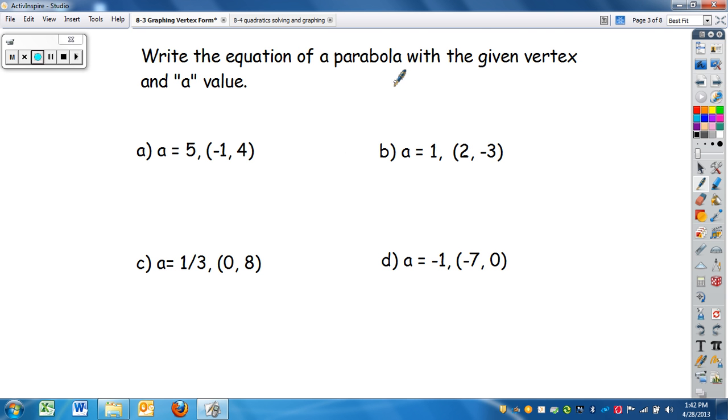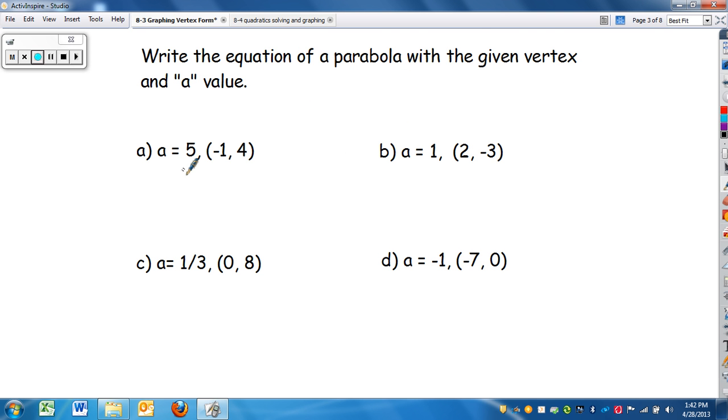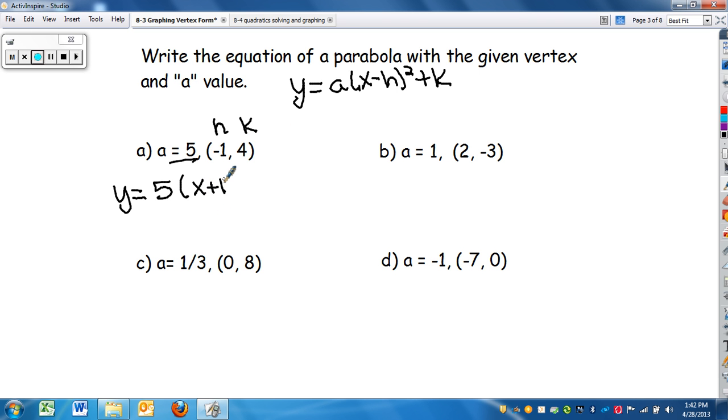Alright, so let's write the equation of the parabola with a given vertex and a value. Remember, our vertex form is y equals a times x minus h, squared, don't forget that squared, plus k. So for the first one, a in this case is 5, then x minus h, and since my h is negative 1, it's the opposite, so it's x plus 1, just like when we were doing factor form, it was always the opposite sign.